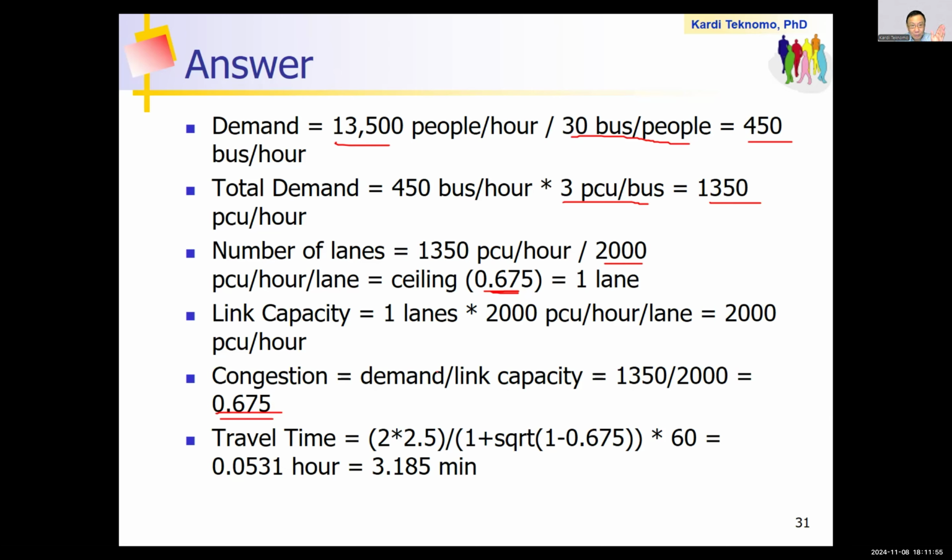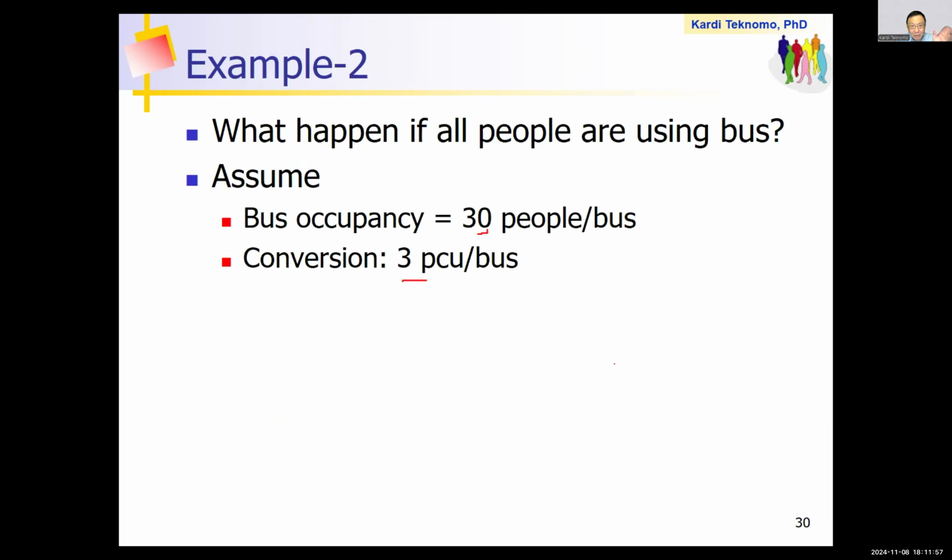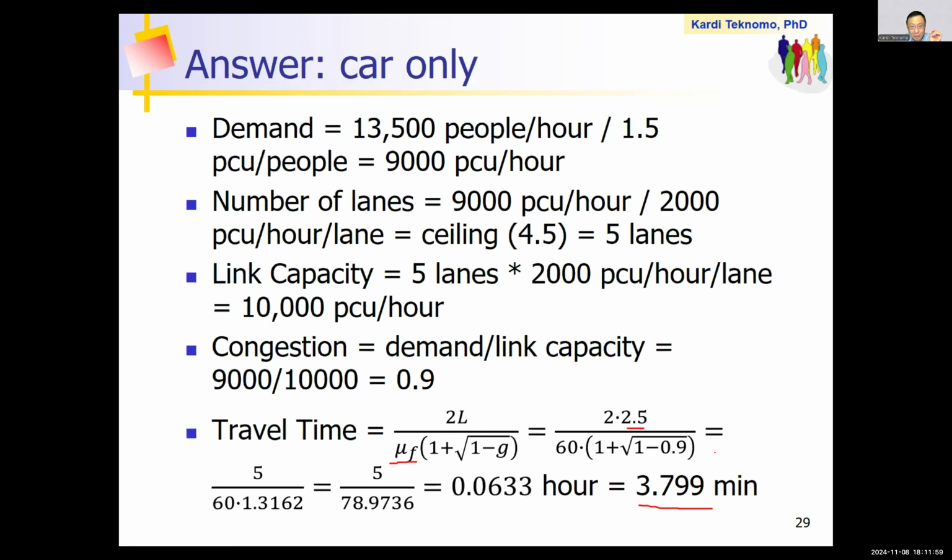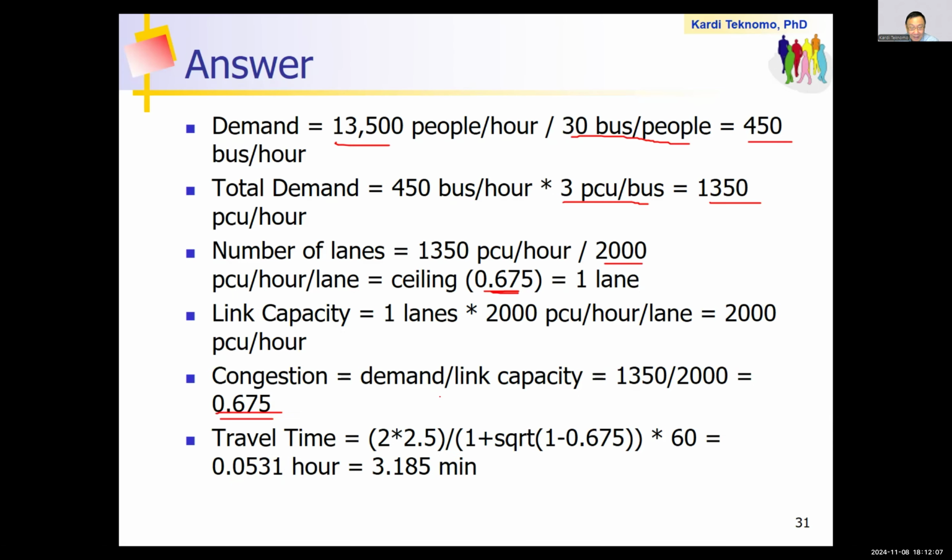You see here the difference, very contrasting. If you use all cars, the same demand, 13,000, you need 5 lanes, and the congestion level is 90%. Now, if you use bus with the same demand, you only need one lane and still only 67%. Of course, from there you can calculate the travel time. Because the road is very short, the travel time difference is not so much.